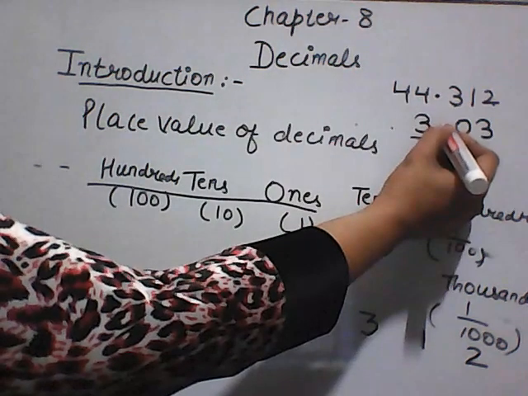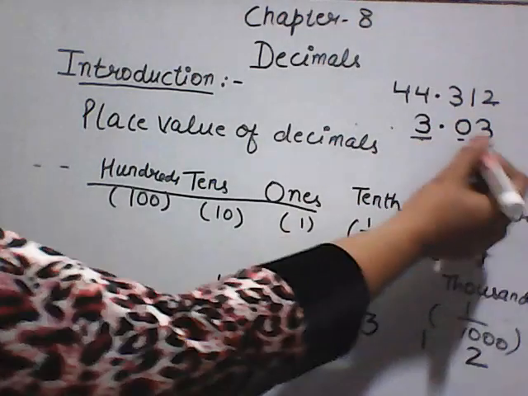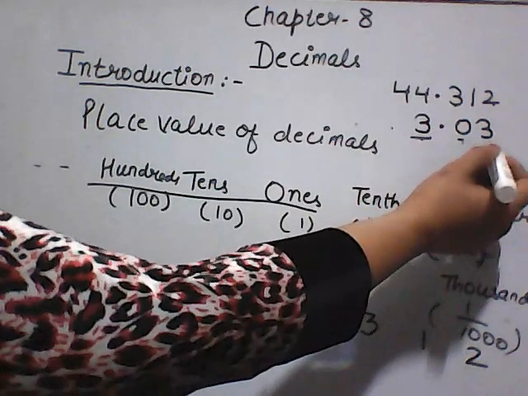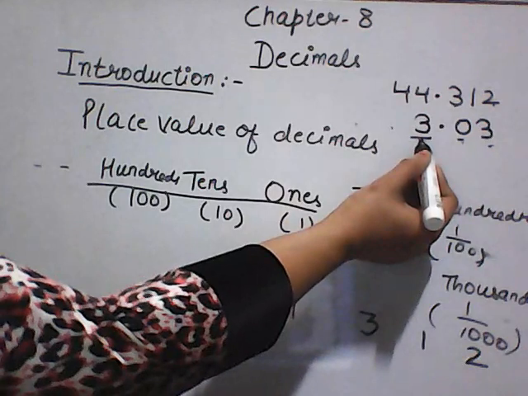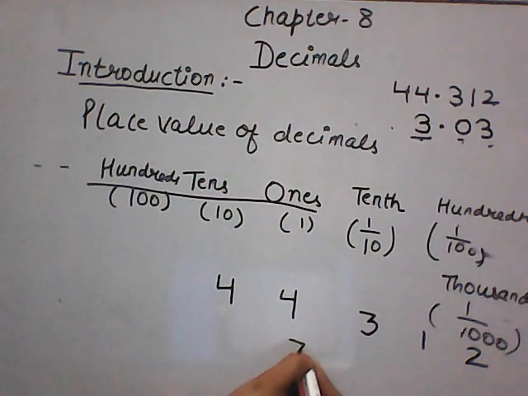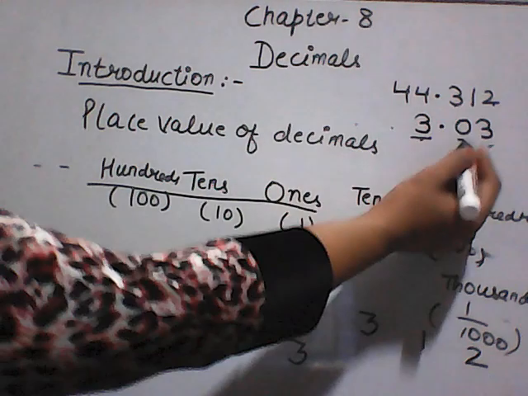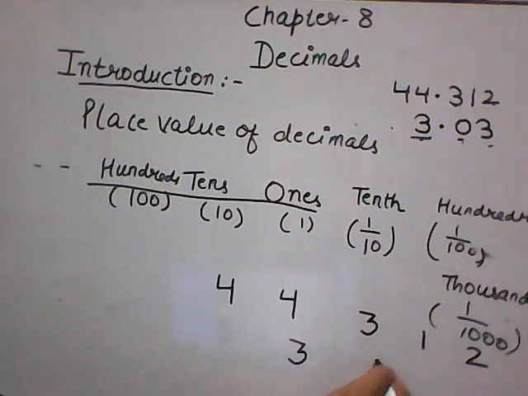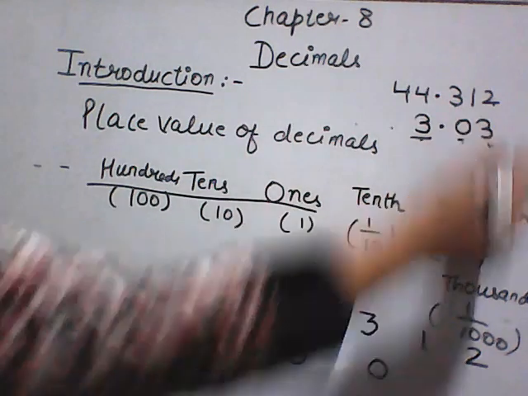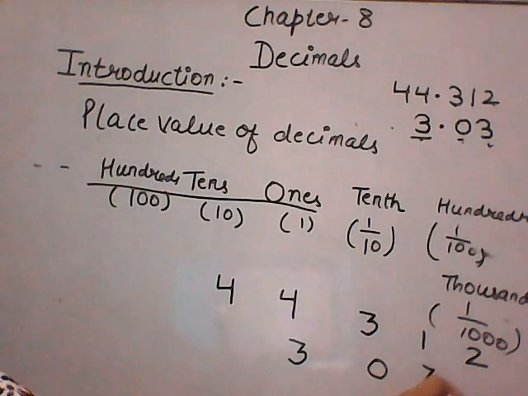After the decimal point, we move from left to right: tenths, hundredths, and so on. So we write 3 in ones, 0 in tenths, and here 3 is in the hundredths. In this way we can put decimals in the place value chart.